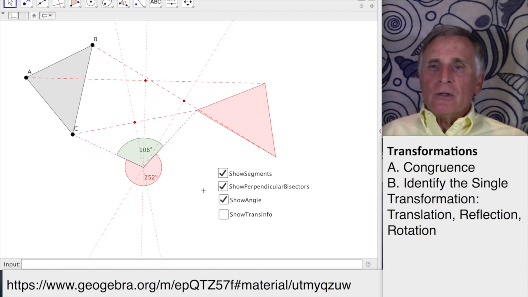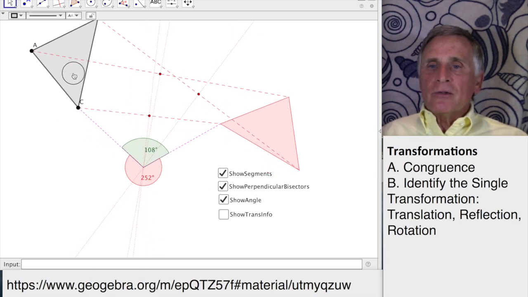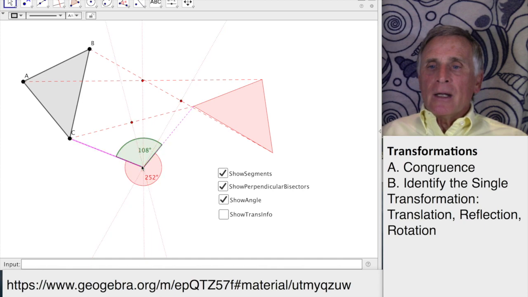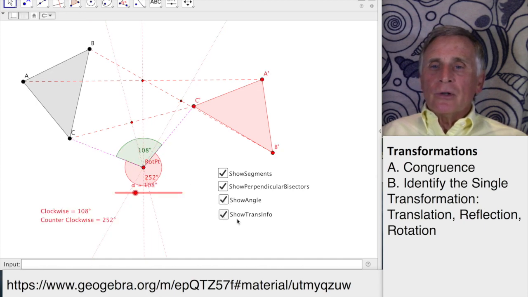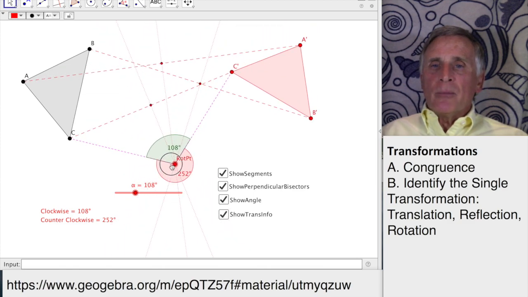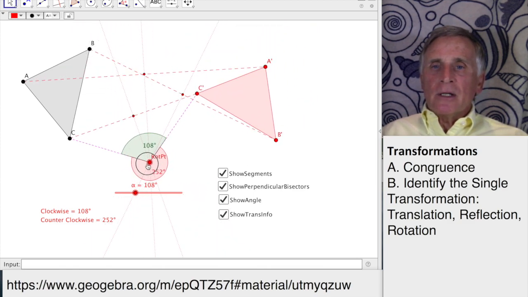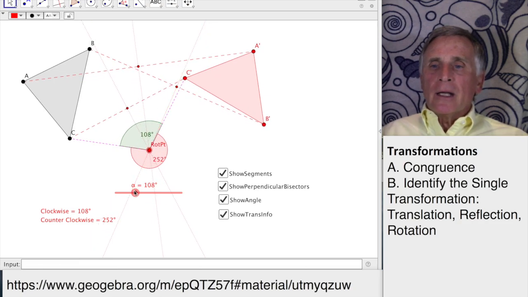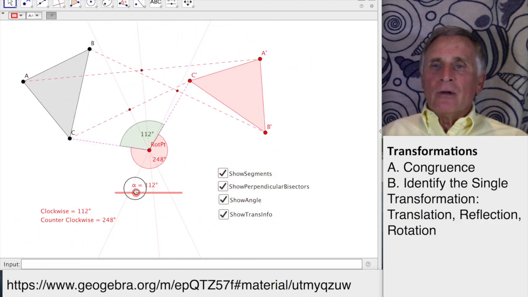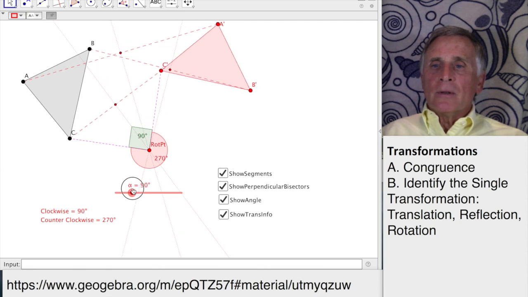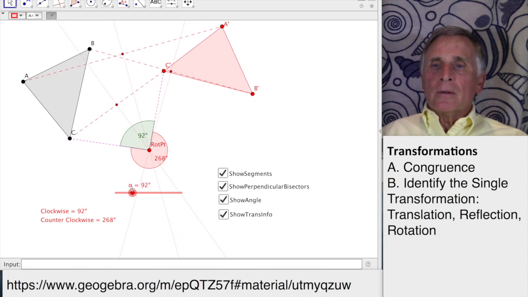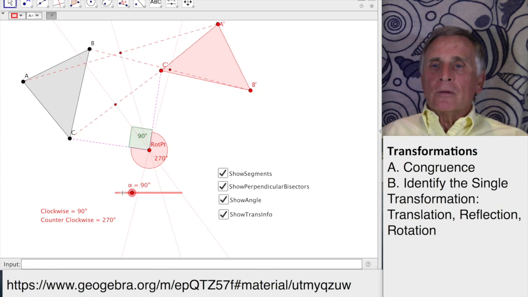Next, to show that this is dynamic, I'm going to show what our actual transformation was. There's the point of rotation, and that point is dynamic here. I can also change my angle of rotation. There's one of 90 degrees clockwise and 270 degrees counterclockwise.